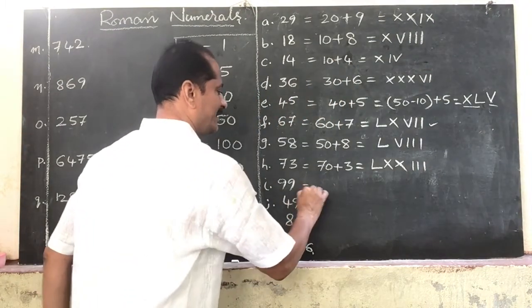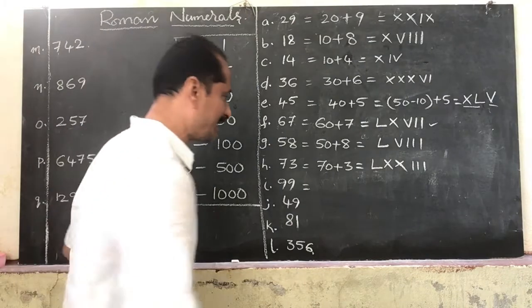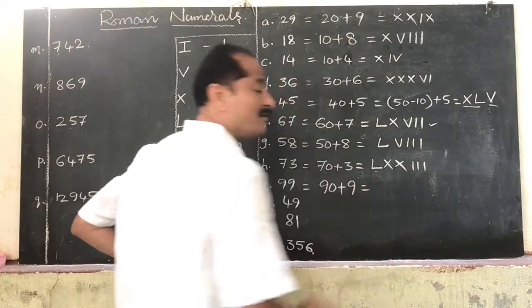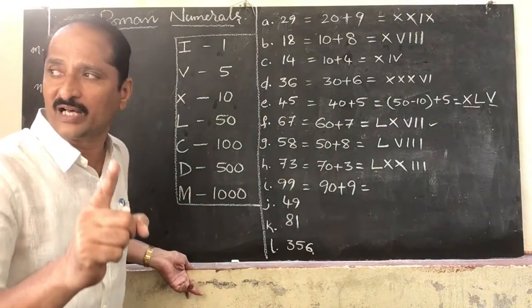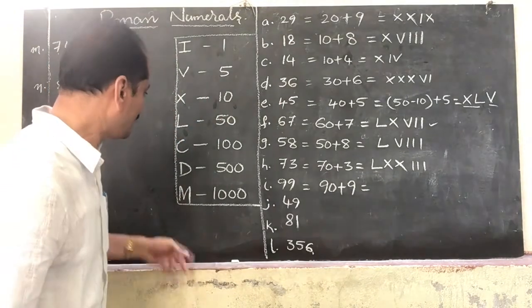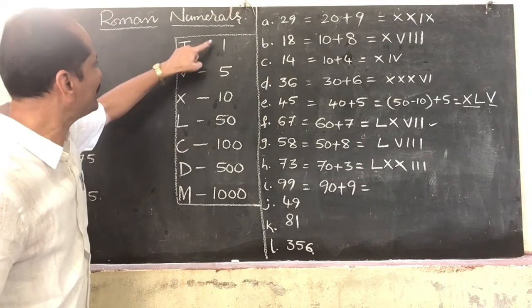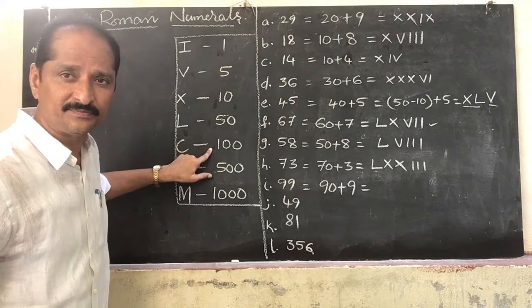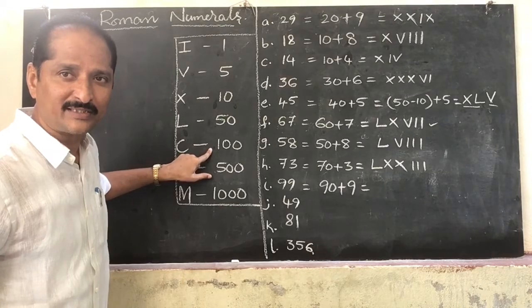Now 99. The expanded form of 99 is 90 plus 9. Remember carefully, if you take 1 out of 100, you will get 99. So 100 minus 1 is equal to 99. But I cannot be subtracted from 100. What is the rule?